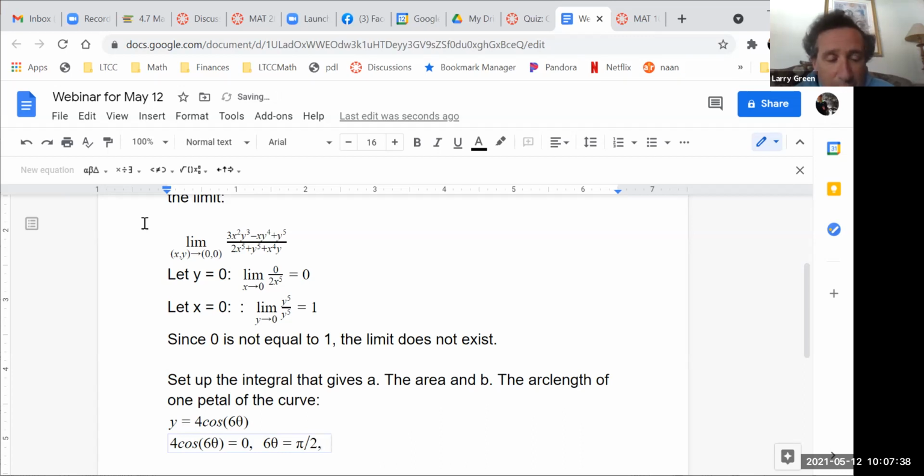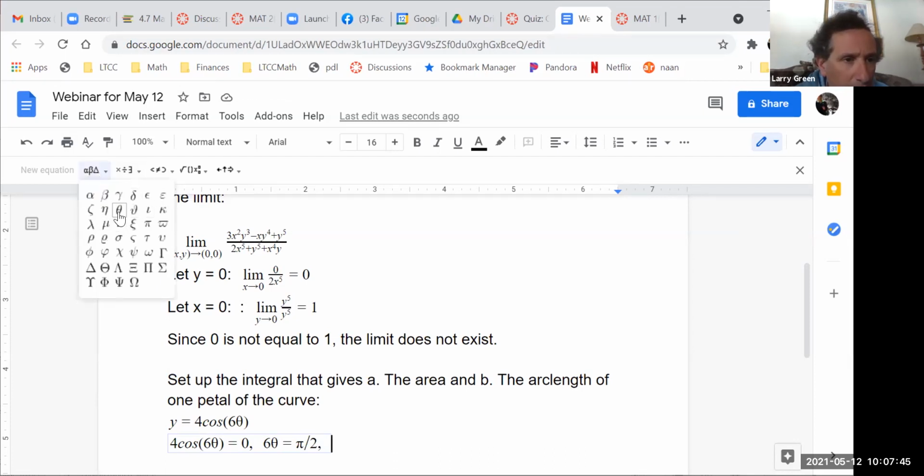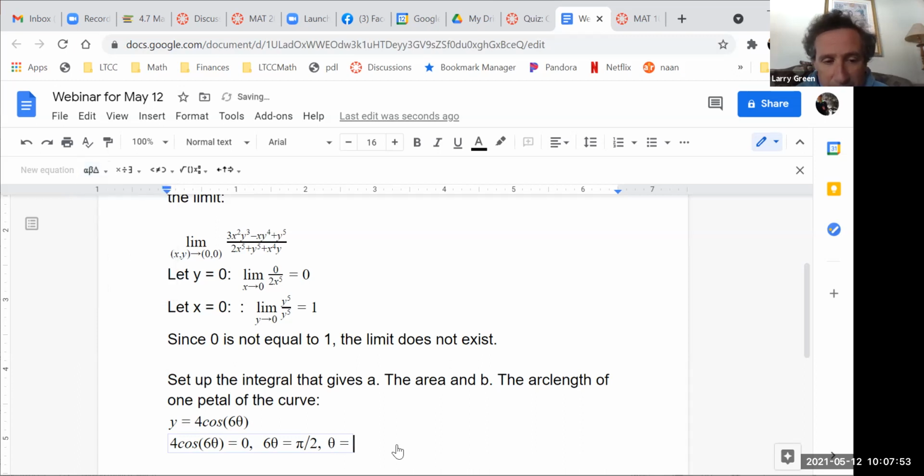And if 6 theta is pi over 2, then theta is pi over 12. Any questions on that so far? Okay, and that's the smallest one that's positive.